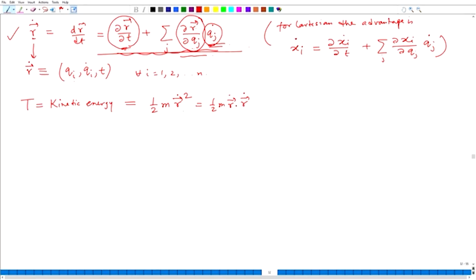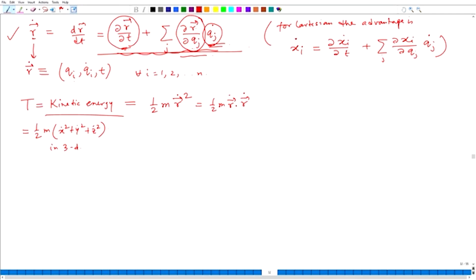If you know these expressions in terms of the generalized coordinates, you can find it just by knowing the expression for kinetic energy in the Cartesian system, which is of course half m x dot square plus y dot square plus z dot square in 3D.